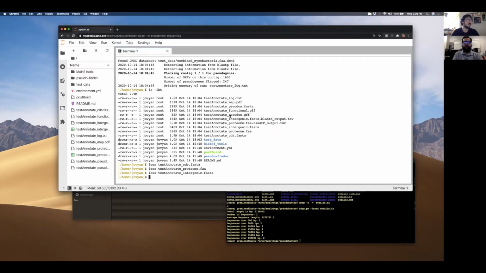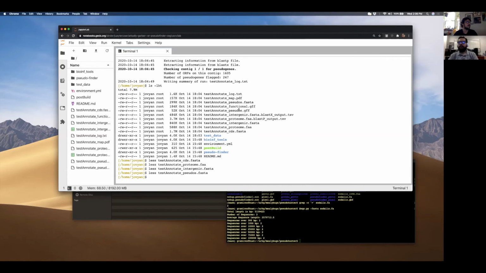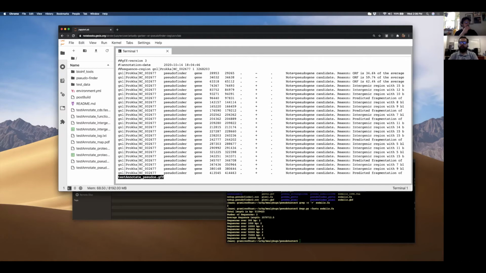And then we have the pseudogenes outputted in FASTA format, the nucleotide sequences. And then we have GFF files, and these GFF files are really important outputs because they will actually tell you which of the genes are pseudogenes and why.